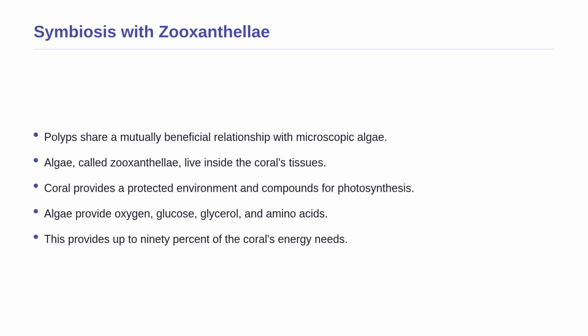Now that we know what a polyp is, let us look at how they survive. Most reef-building corals share a crucial, mutually beneficial relationship with microscopic algae called zooxanthellae. These algae actually live inside the tissues of the coral. It is a perfect partnership. The coral provides the algae with a safe, protected environment and the necessary compounds for photosynthesis.